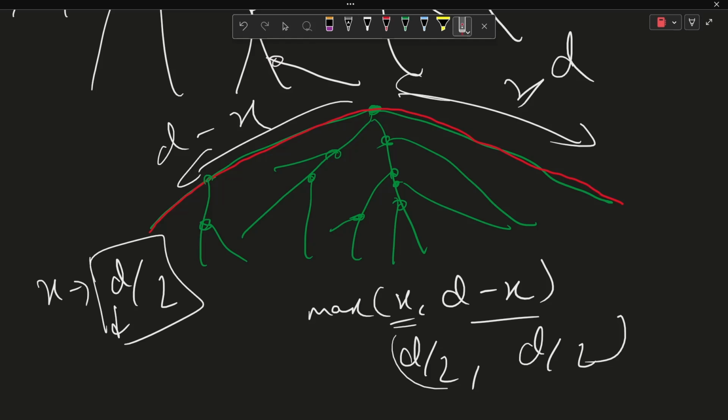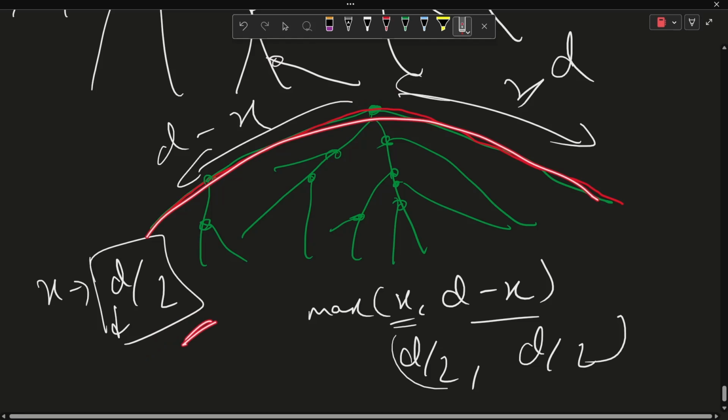So if you are at the middle of your diameter, then your maximum depth would be d by 2. That's your best case.